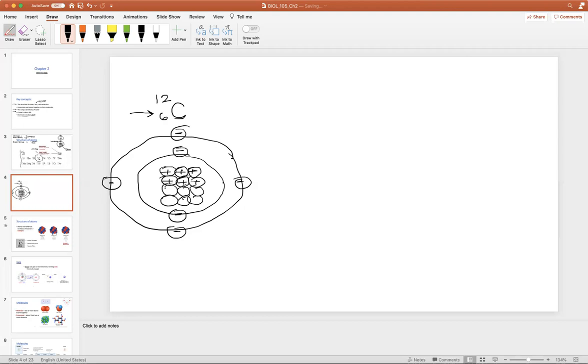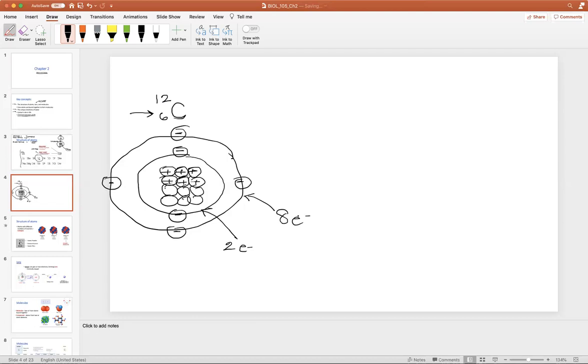Now I want you to notice how I've placed them. First, notice that I put 2 on an inside orbit. This inside orbit, the maximum number of electrons that it can hold is 2. All right, but then once this inner electron shell is filled, we move on to an outer electron shell, and the maximum number of electrons that there is space for in this shell is 8.